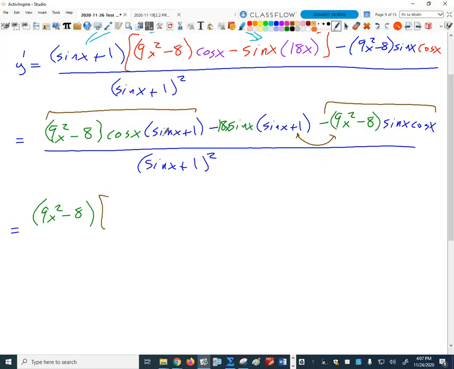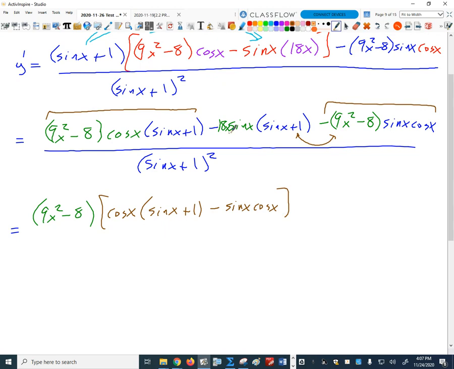Well, from this term right here, we get a cosine x times the quantity sine x plus 1. And then from this term, we get a minus sine x cosine x.